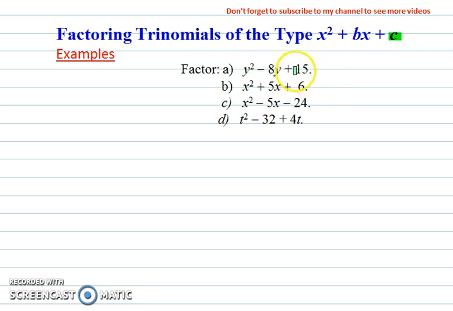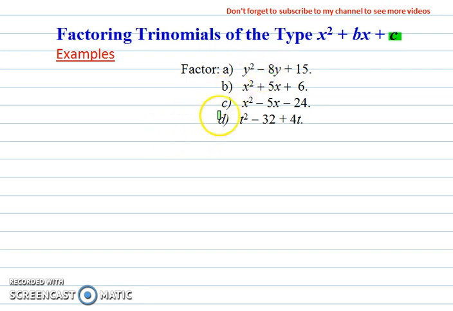What you see in this one is that the sign of the constant term 15 is positive, but the sign of the coefficient of y is negative. So we need to use two factors. When we multiply these two together, it gives us positive 15. But when we add these two factors, it would give us negative 8.